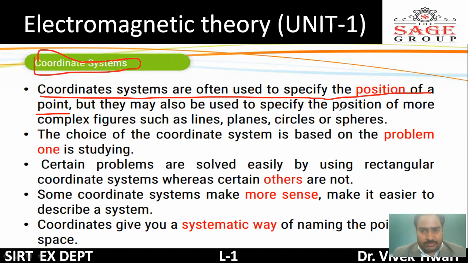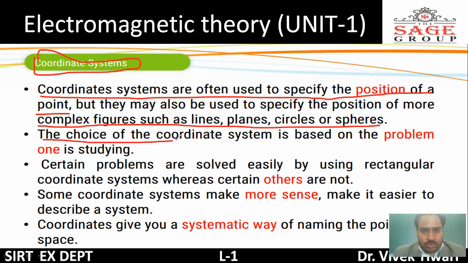Apart from this, if we have a more complex figure like a line, plane, circle, or sphere, then with the help of a coordinate system, we can give its exact position and define that shape exactly and properly.